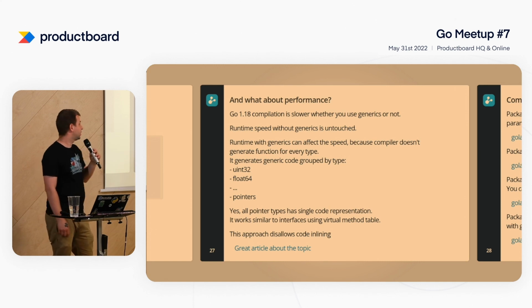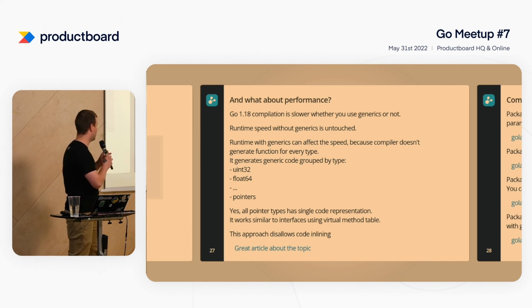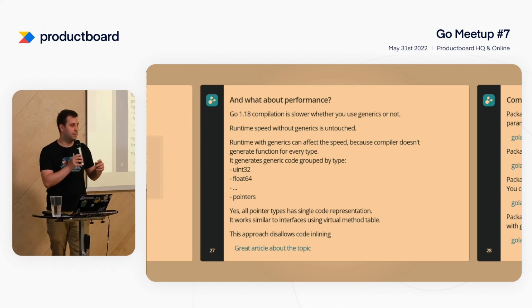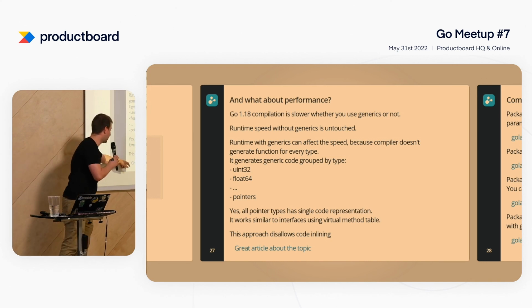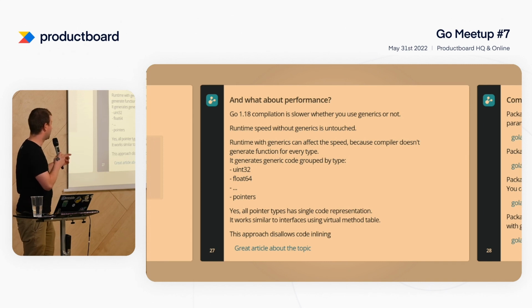And if you use generics, your runtime will be slower. The reason is something I don't understand properly, but it includes something like a virtual method table. Of course, I will share the presentation, so you can click on this link, and there is a great article about this topic, how it's implemented.